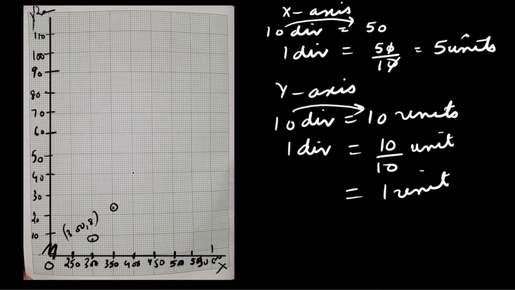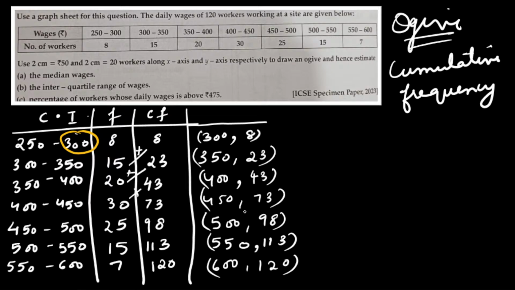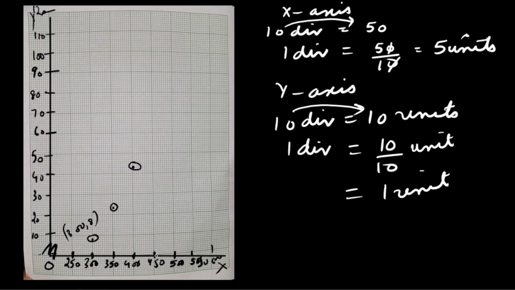400, 43. So 1, 2, 3. Here it is. So next one is 450, 73. On x-axis locate 450. Vertically up you have to go till 73. 1, 2, 3. So here it is.